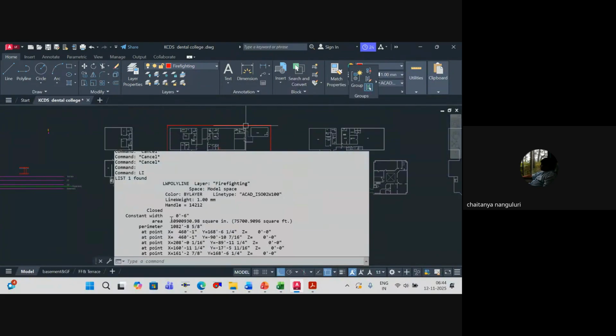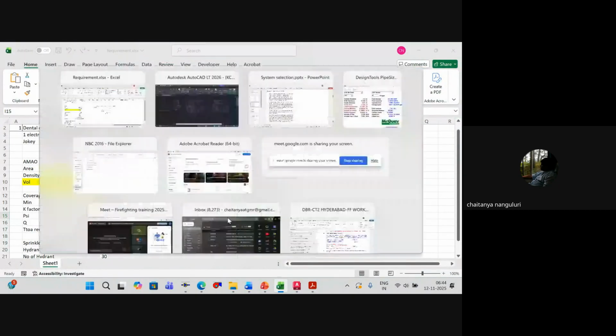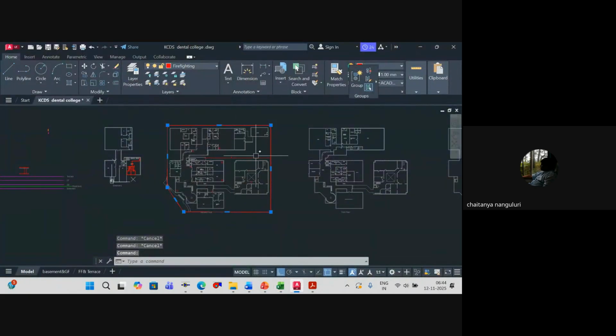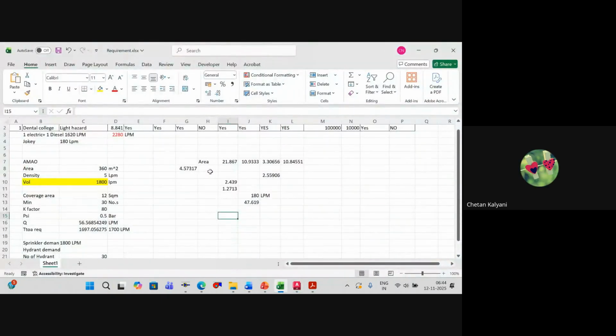So what is the total length you have got? 1082 feet is the total length. If you take 1082 feet, how many meters is that? 1082 divided by 3.28 is around 329.88.